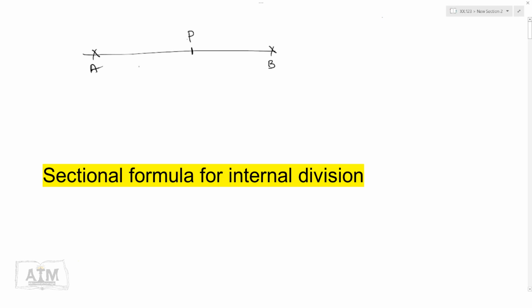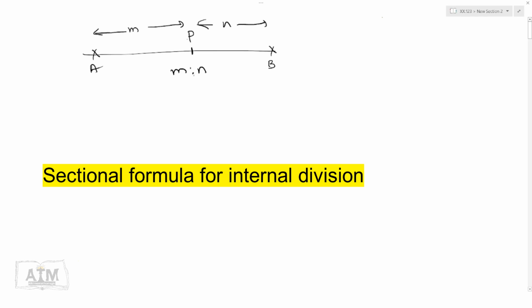Suppose we have point A and point B, and P is somewhere between A and B, with this much proportion being m and this one being n. That means P divides the join of AB in the ratio m to n.